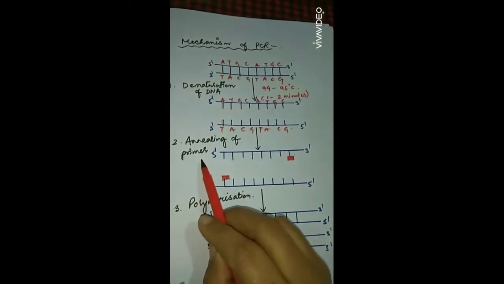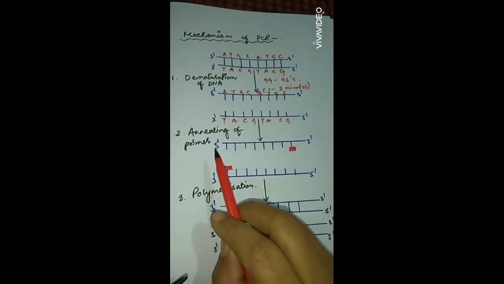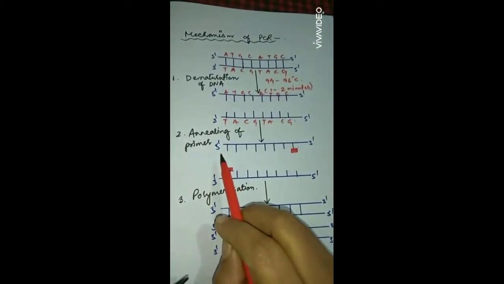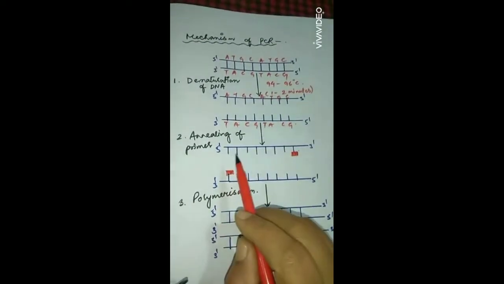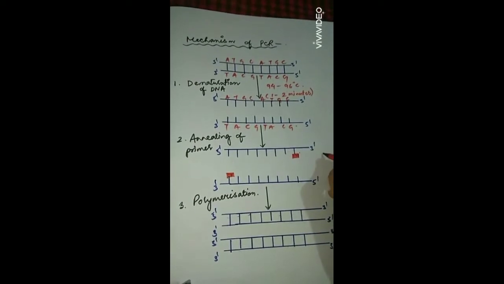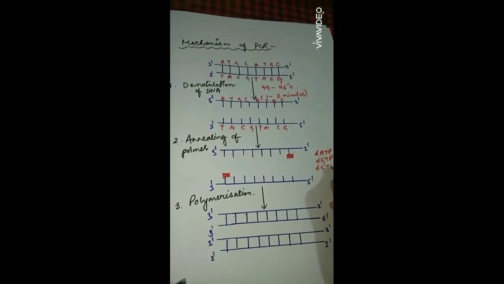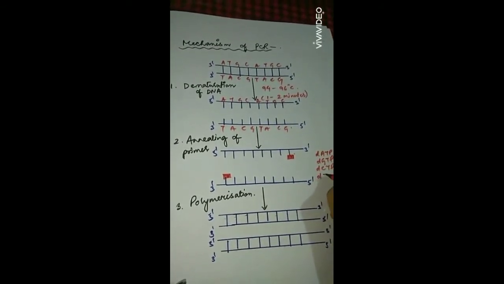That is the annealing of primers, and here the primers are RNA primers, as you know RNA primers are also employed during the process of DNA replication. And then the deoxyribonucleotides used here are dATP, dGTP, dCTP, and dTTP.